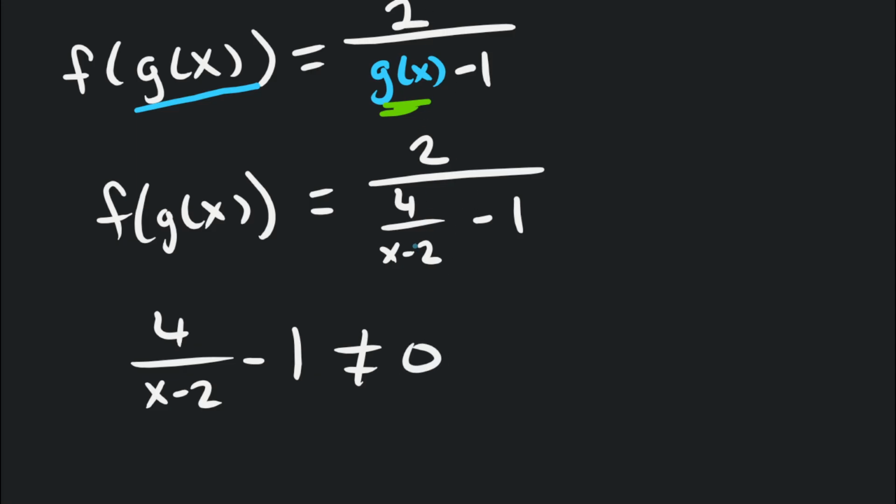And keep in mind, be careful, there's another denominator right here. We have this other denominator within the denominator, x minus 2. So this denominator, x minus 2, can't equal 0 either, because we would also be dividing by 0. So let's set up another equation. x minus 2 cannot equal 0.